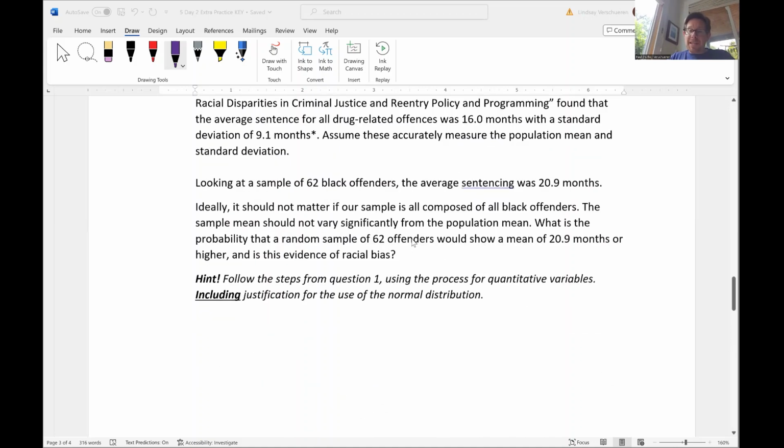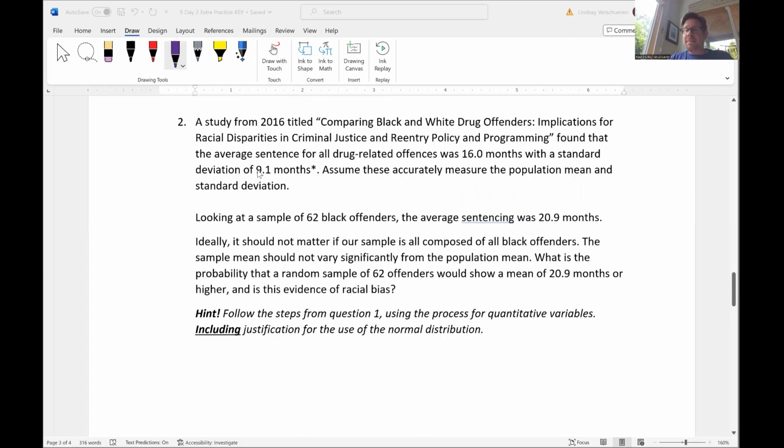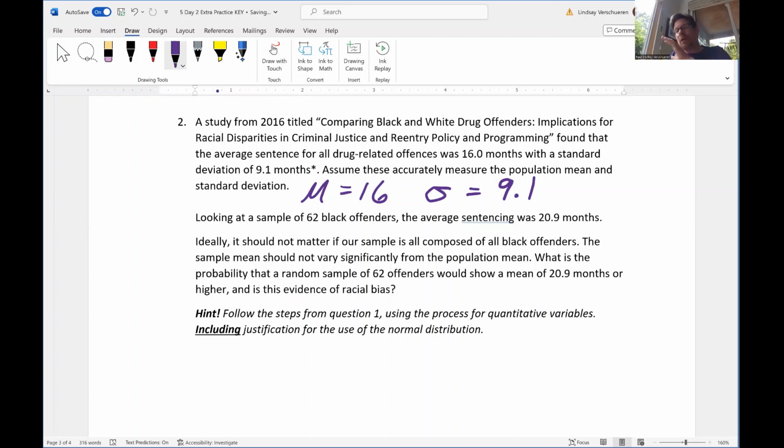It would be a common mistake on problems like these to say just 9.1 is the standard deviation. But remember, this 16 is the population mean, and the population standard deviation for individuals is 9.1. By individuals, that means when you look at the differences between every single sentence and the amount of time. But that's going to be different than the standard deviation for a sample of size 62.